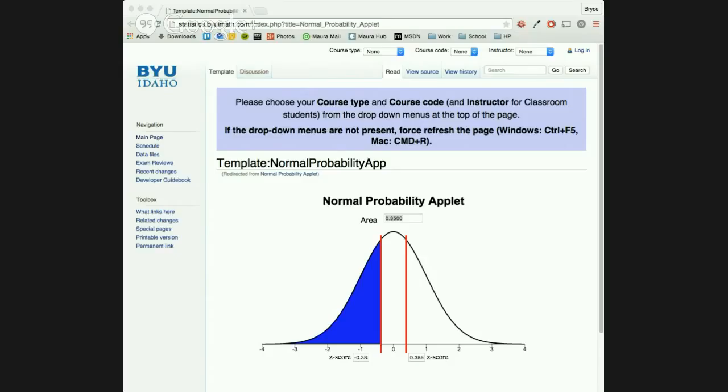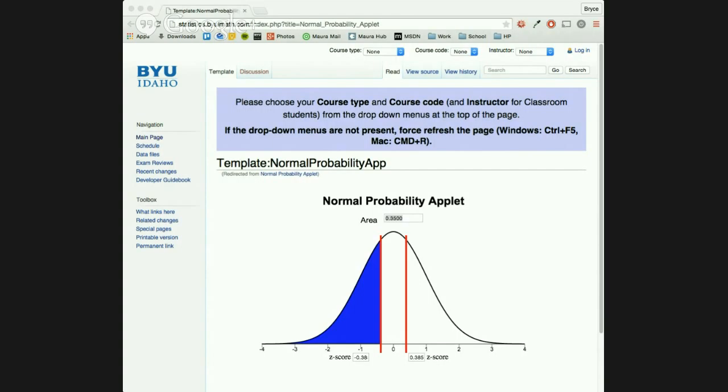Oh, so we don't want to just give the z-index. We want to use that z-index to find out what the actual value is. Oh, good call. That makes sense. I was like, it doesn't really make sense to say find the 35th percentile and then just give a z-index.